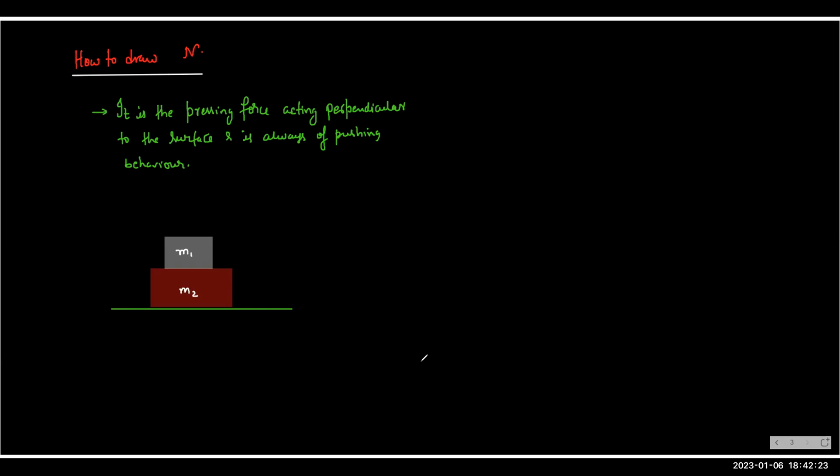And who will apply normal on M2? The bottom of M1 and the ground. Very good. And what is the nature of normal? It always acts perpendicular and it will press the object, right?